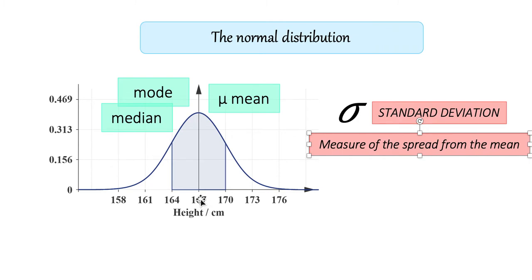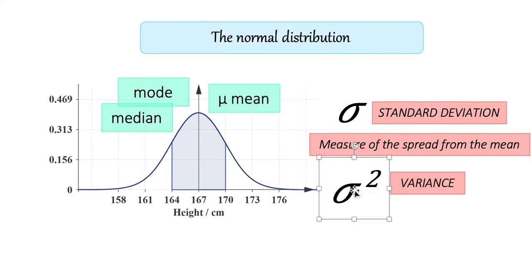Whereas if I tell you that the standard deviation is high, it would mean that the spread is a lot more. So there are more values that are away from the mean, compared to a low standard deviation. If you have seen this word variance, with this symbol, which is sigma to the power of 2, it's basically the square of standard deviation.